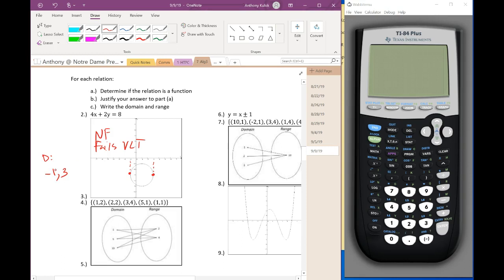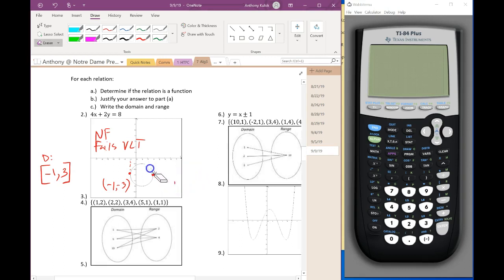Should I use a bracket or parenthesis? Bracket for each of them. Why would I be using brackets here? Yeah, because this is literally the point -1, -3. There is a point with the x-coordinate -1. Similarly, we have the point over here, 3, -3. We literally have a point with the x-coordinate of 3.